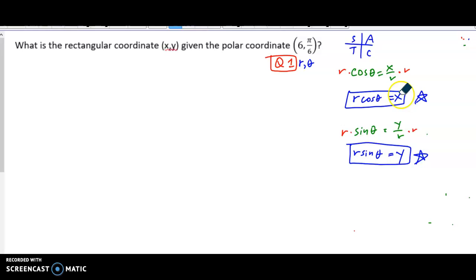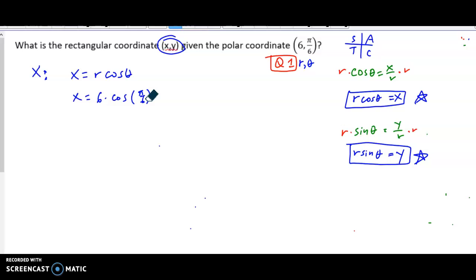Because look, we need an x and a y. And so first, for the x, x is equal to r cosine theta, meaning we're just simply taking the information from our polar coordinate. R is 6, cosine of pi over 6.